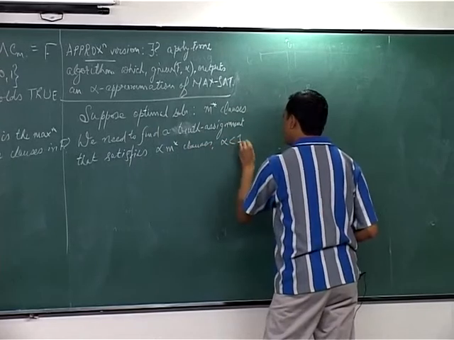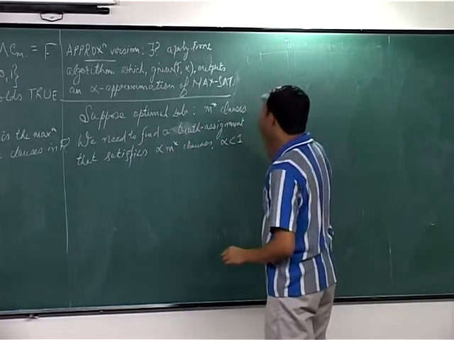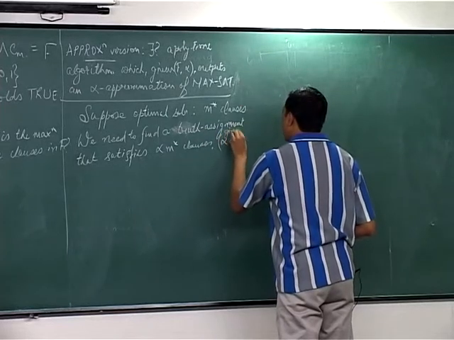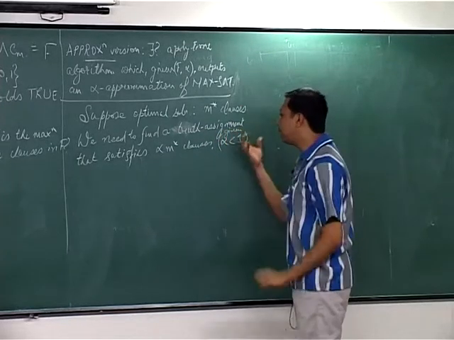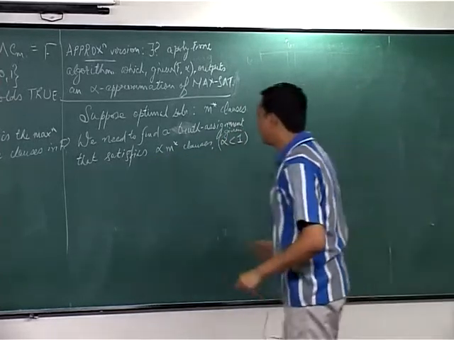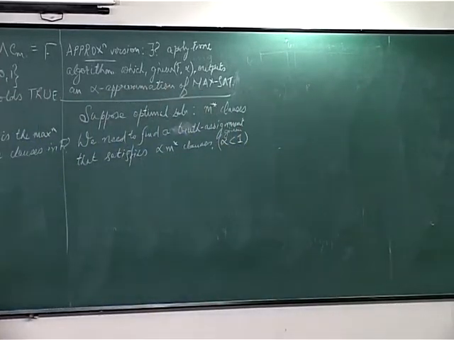So we are given some alpha which is less than 1, and we want to find an assignment that satisfies alpha times m star clauses. Okay. Right. So that's the problem.